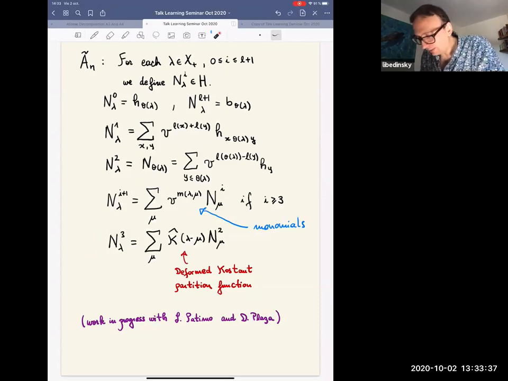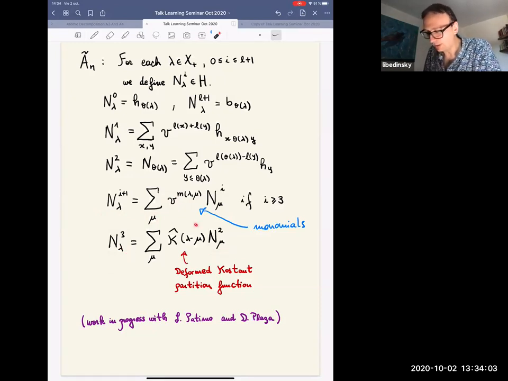To pass from n(i+1) to n_i is essentially super easy. It's just monomials. You have some monomials and we completely control the ones that appear here. So it's the best situation you could imagine. The only complicated part that apparently appears is when you pass from n3 to n2.